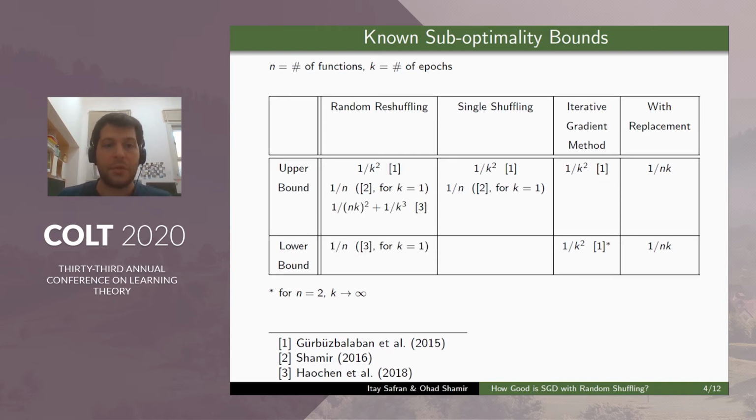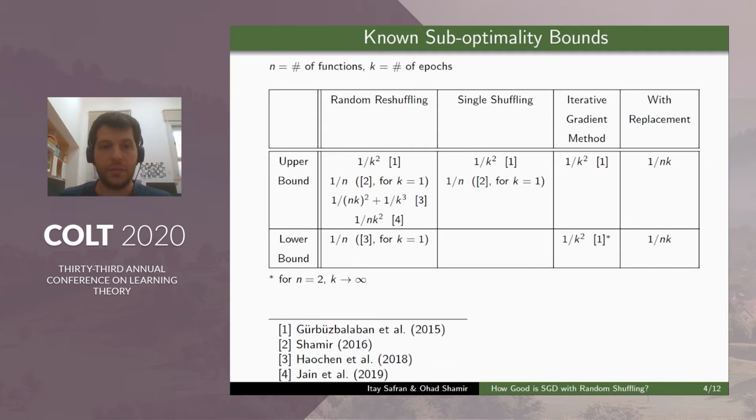Then we have the following result by Haochen et al. And what they showed is that we do get a bound which improves both with n and k, depending on the ratio between n and k. And later on, another result was shown, which is stronger, assuming that k is not too large, which is typically the case, since we don't perform very many epochs, and usually we have many more functions in our objective to optimize.